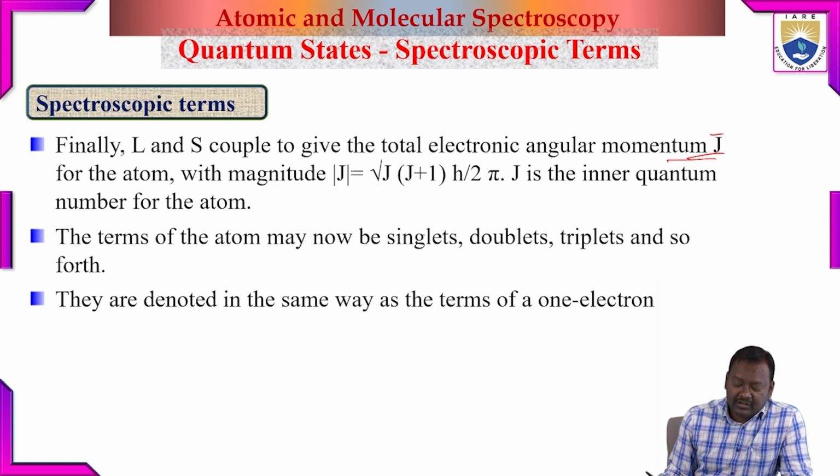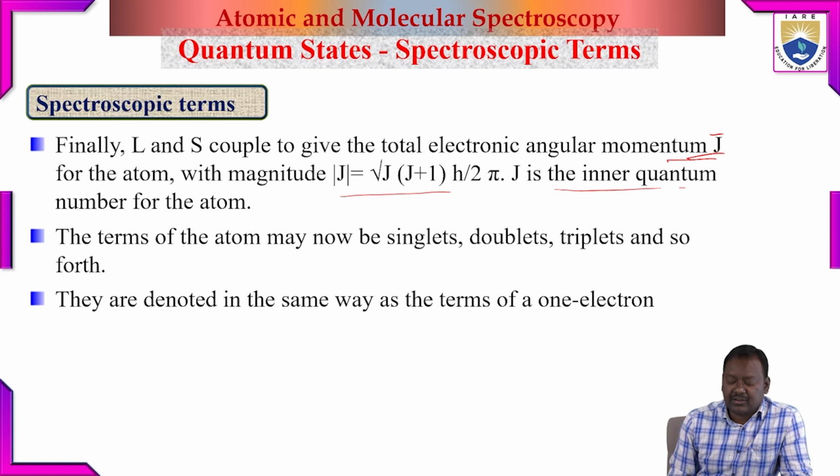And to find out the magnitude of the total angular momentum J bar, we need to use the formula square root of J into J plus 1, whereas J is the total angular momentum quantum number, and it is also called the inner quantum number for the atom.